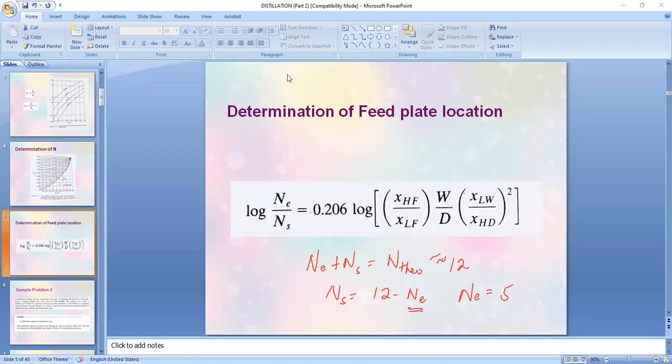Isa Ramos, are you with us? What do you think will be our feed plate location if the enriching section has already 5 stages?